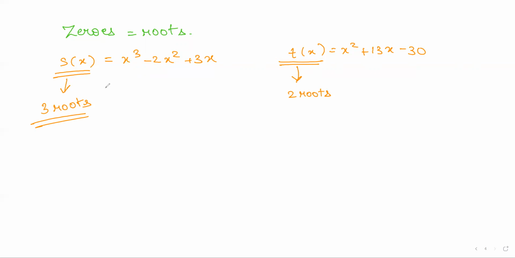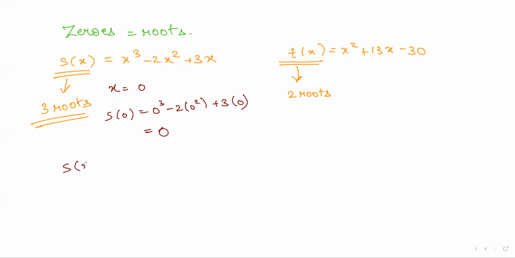We're not calculating all roots, we are just taking random values of x first. So if I take x equal to 0 over here, this is the number 0. x can have the value 0. So s of 0 will be equal to 0 cubed minus 2 into 0 squared plus 3 into 0, which will give you a numerical value 0.